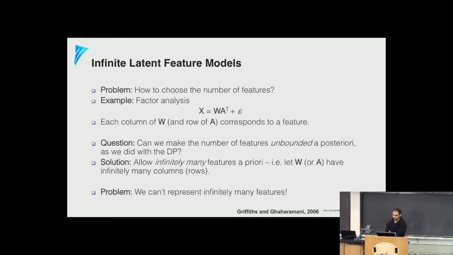So we'll have to solve this problem. So the solution is we can assume that our infinite matrices are very sparse. So in expectation or in the limit, even though there are infinitely many rows or columns, the number of non-zero elements in these rows and columns will eventually converge to some finite number in expectation, right?